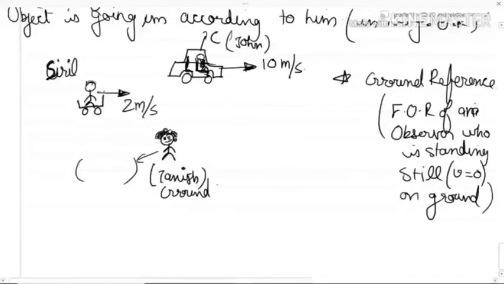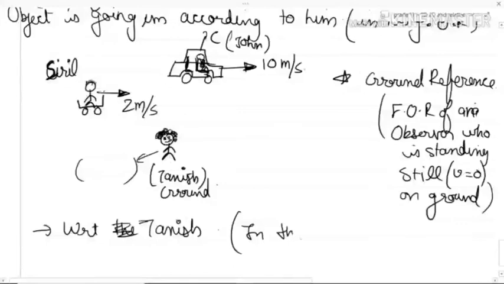So basically Tanish is standing on the ground and he is observing that Cyril and John are both moving with different velocities. Yes or no? So can I say this with respect to Tanish? Either I can say with respect to Tanish because Tanish is standing on the ground, or I can say in the ground reference or in the ground frame of reference, whatever you want.